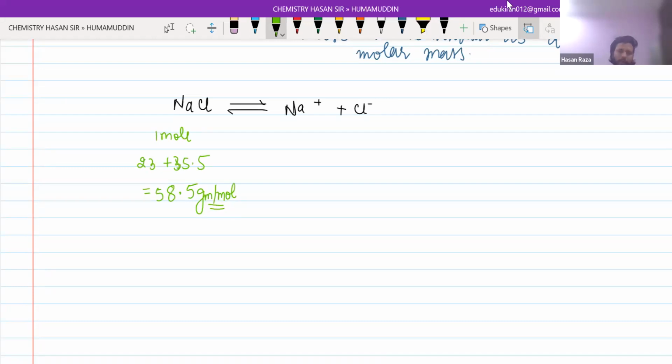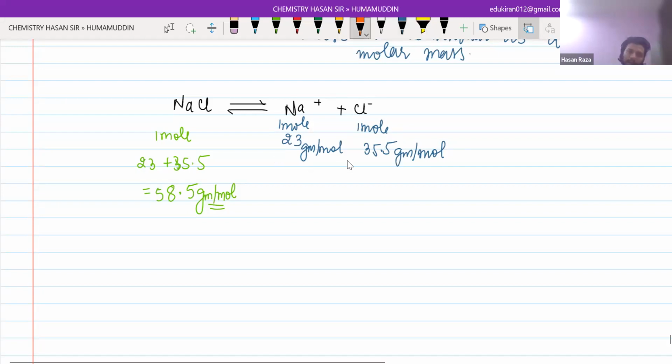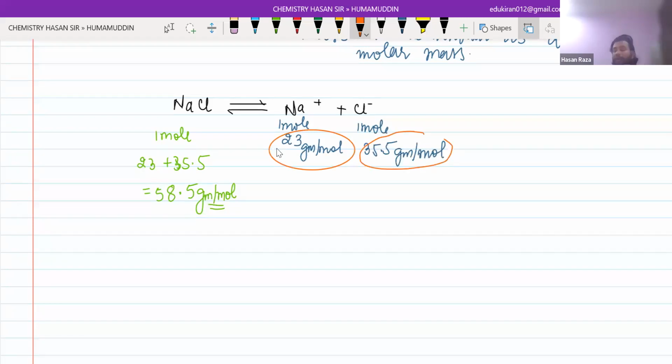1 mole of NaCl. Now, you know that it will be dissociated. So 1 mole of Na+ will have 23 gram per mole, and 1 mole of Cl- will be equal to 35.5 gram per mole. Since you dipped 1 mole of NaCl, if you want to take out 1 mole from the solution, either you will get 23 gram per mole or 35.5 gram per mole.